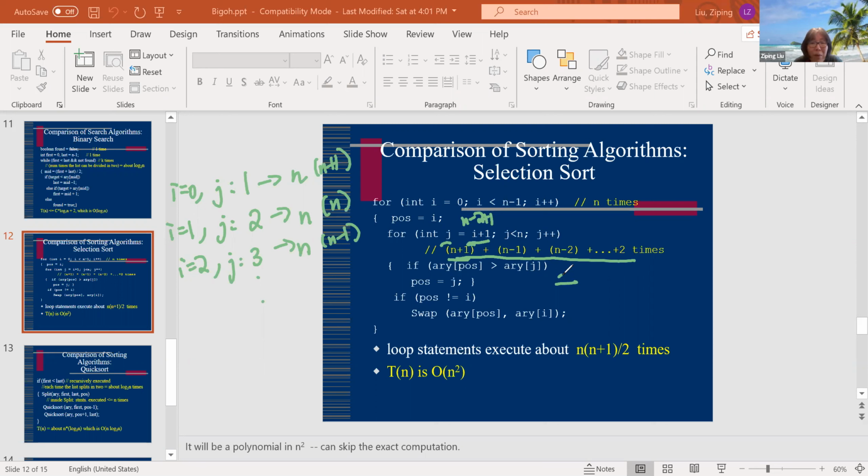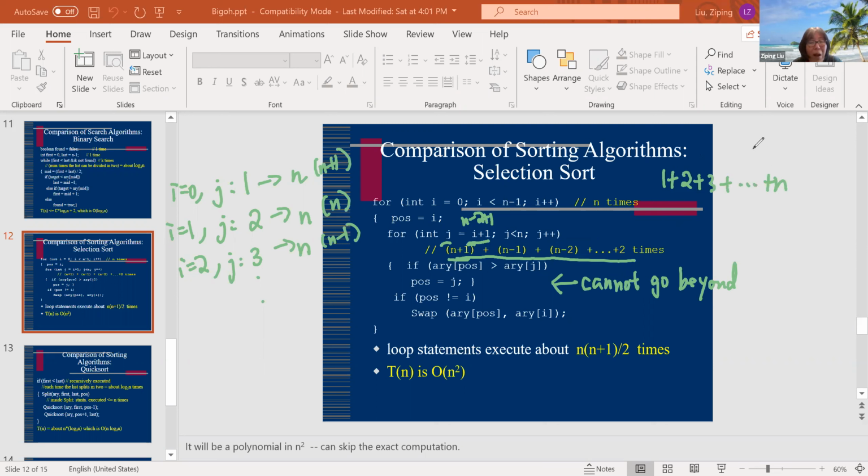And for the inner loop, the comparison statement, how many times it's going to be executed cannot go beyond this number. From the previous discussion, you remember we said 1 plus 2 plus 3 all the way to n.